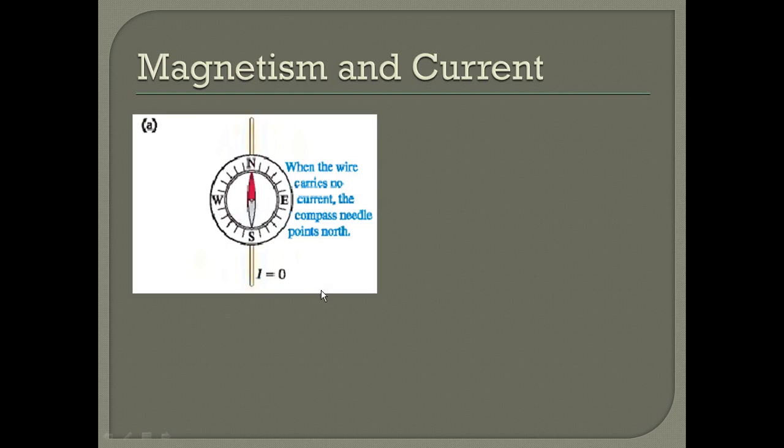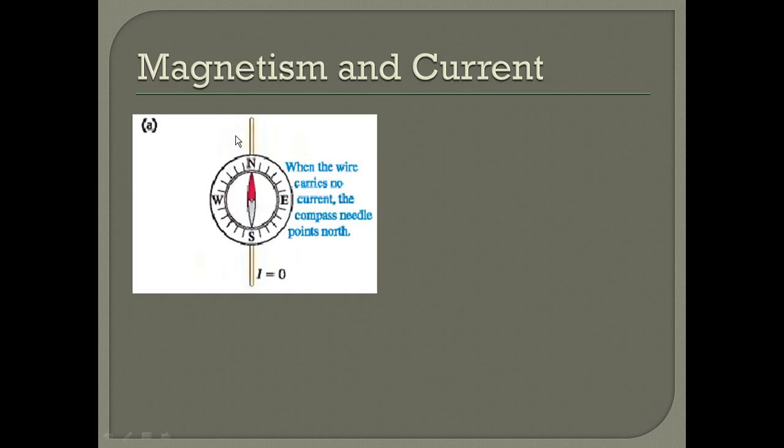So what happens when he turned on the current is that the compass needle actually reacts to the presence of the current carrying conductor. He noticed that when he turns off the current flowing through the wire, the compass needle returns to its original position, pointing towards the north geographic pole of the Earth.